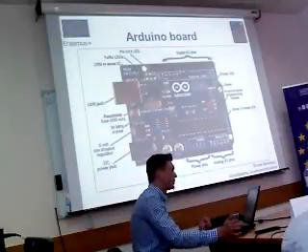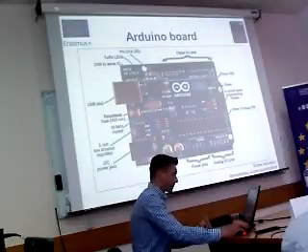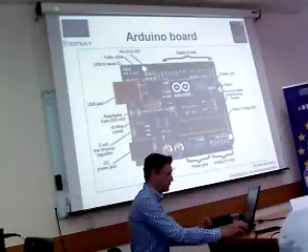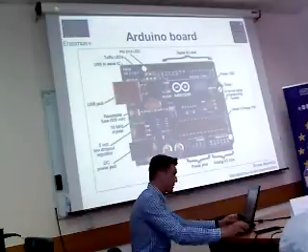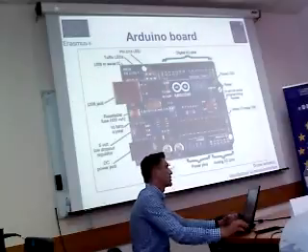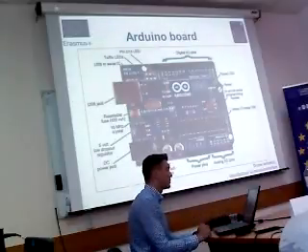So, what does the Arduino board contain? Of course, there is a microcontroller unit, and in this example, it's Atmel ATmega 328. But on the circuit board, there are also a lot of other devices which we can use without connecting anything else to the board.